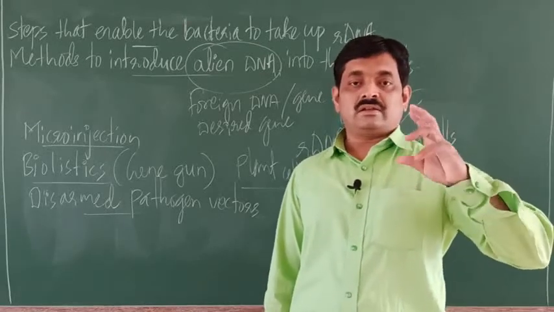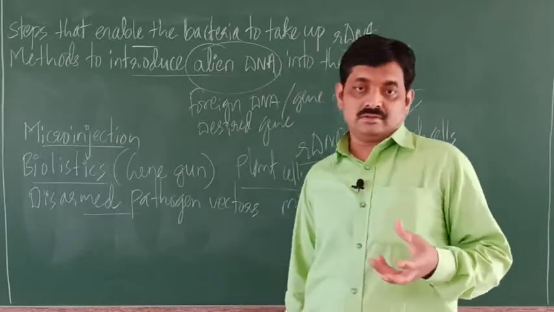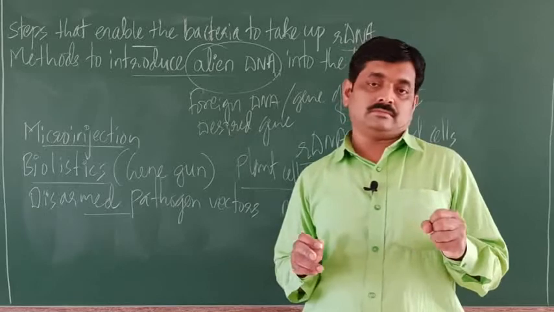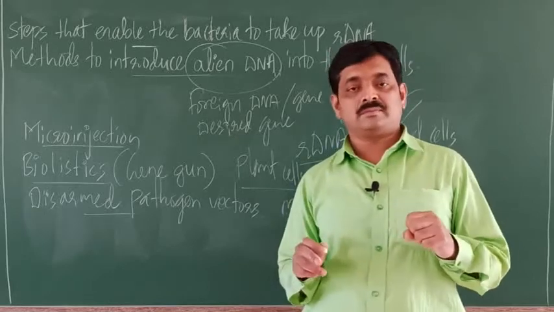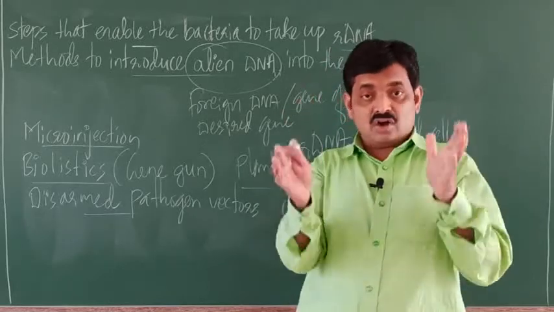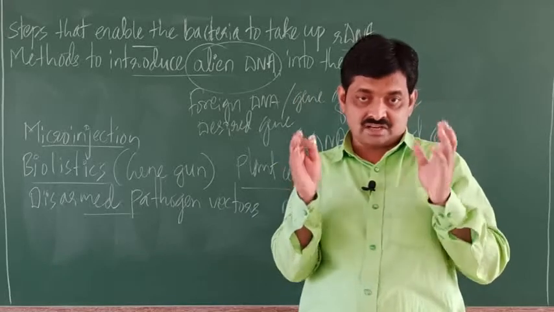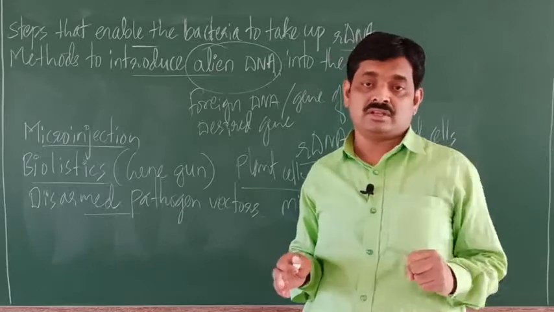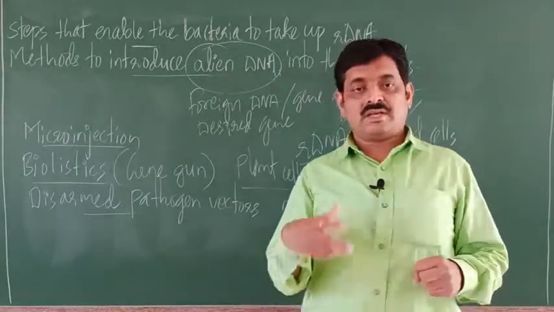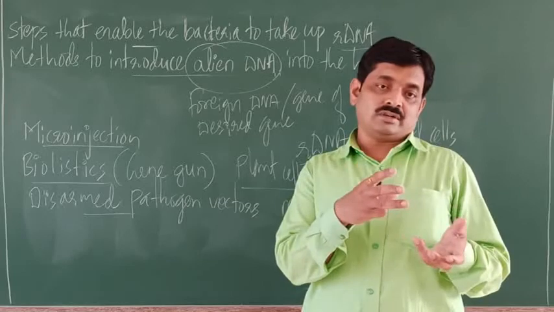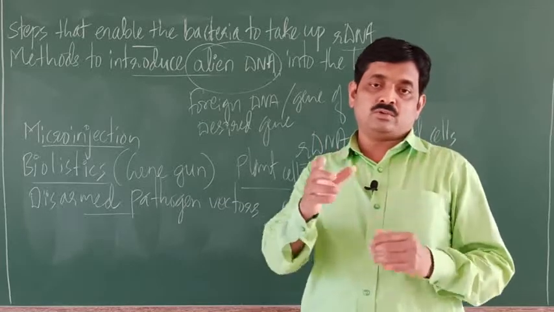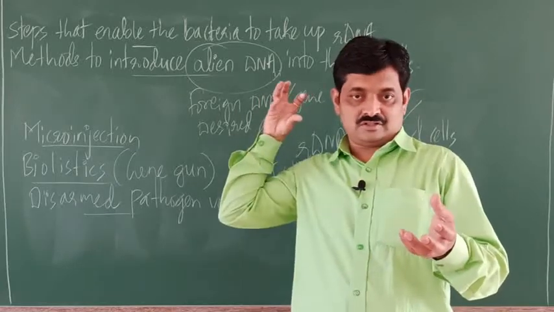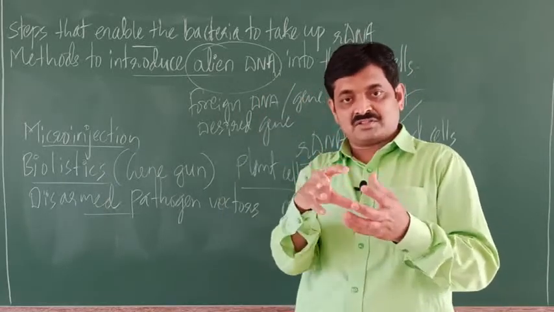I'll try to make it a little simpler. These microparticles of gold or tungsten are coated with DNA and sprayed on plant cells with very high speed. Just like a sprayer: you take water in a sprayer and spray it on the plants, so that water comes in contact with plants at a very high speed.